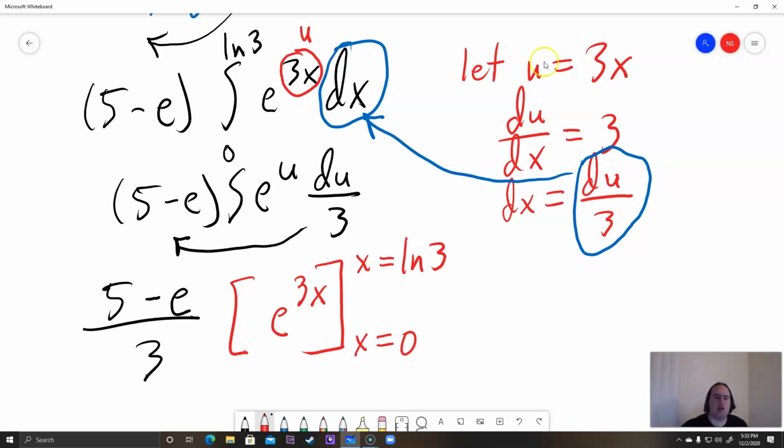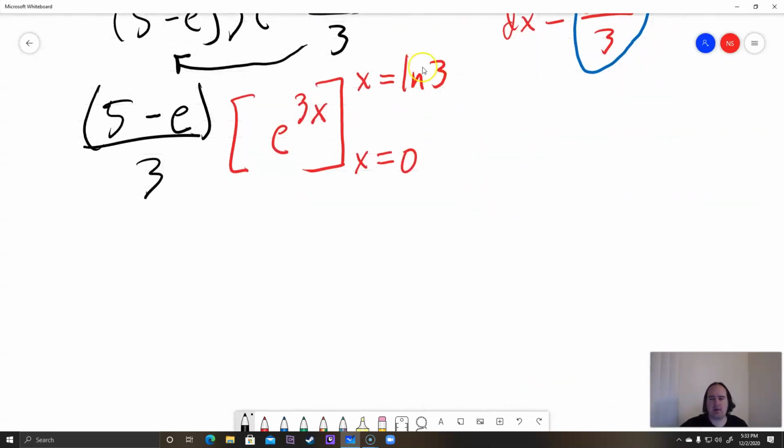Okay, so now we're ready to go ahead and plug in. And we can just leave this 5 minus e over 3 out front since it's a constant. So plugging in the top number first, we get e to the 3 times ln of 3 minus e to the 3 times 0.